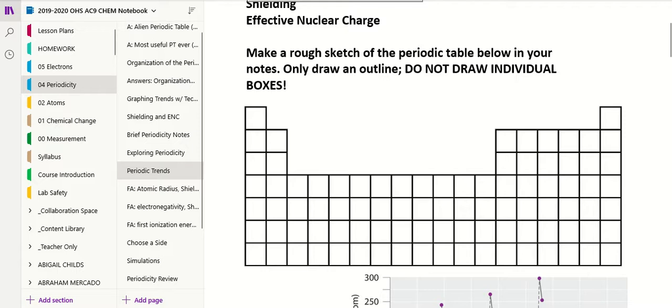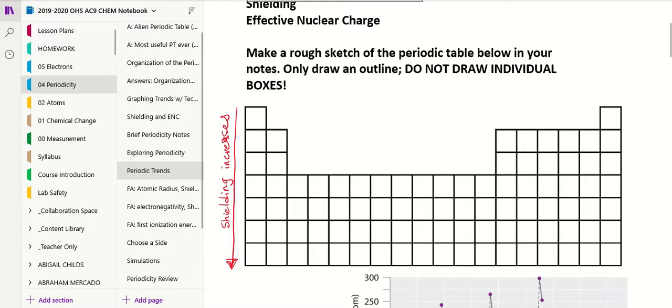So, going down a group, I increase in shielding. So all these arrows, I'm going to point in the direction of increasing.